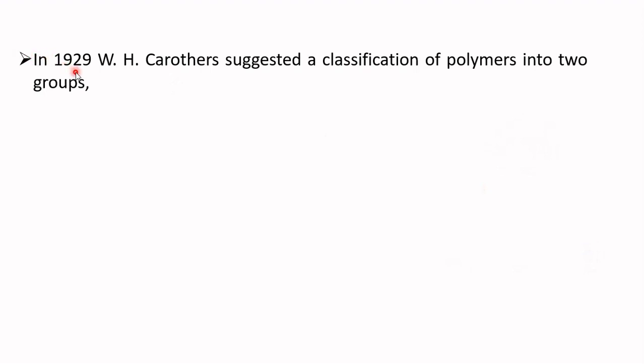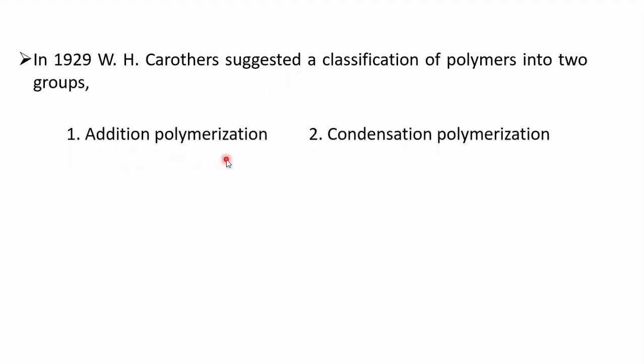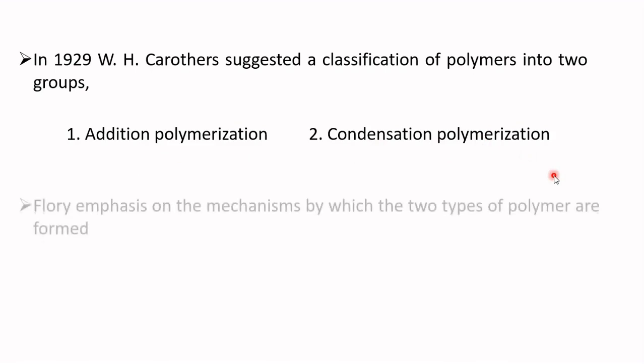In 1929, W.H. Carothers suggested a classification of polymers into two groups based on the mode of polymerization involved. So those modes of polymerization are addition polymerization and condensation polymerization.